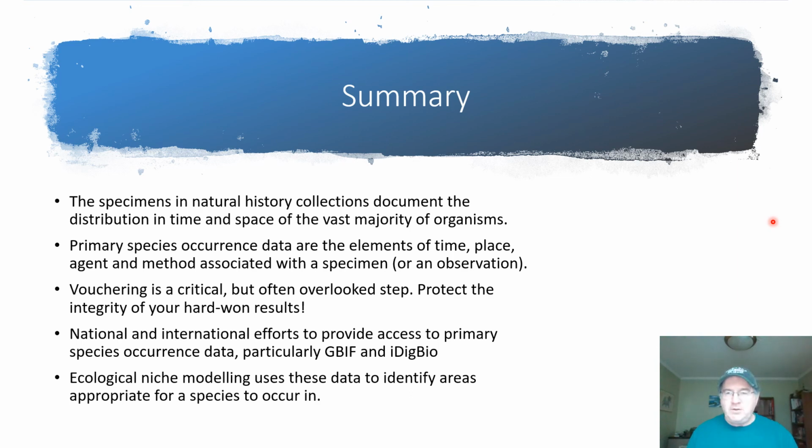Primary species occurrence data is a combination of where something was collected or observed, when it was collected or observed, and then some additional data like who did it, how they did it, and then you can add other data elements to go along with it. But time and place are the two most important ones.